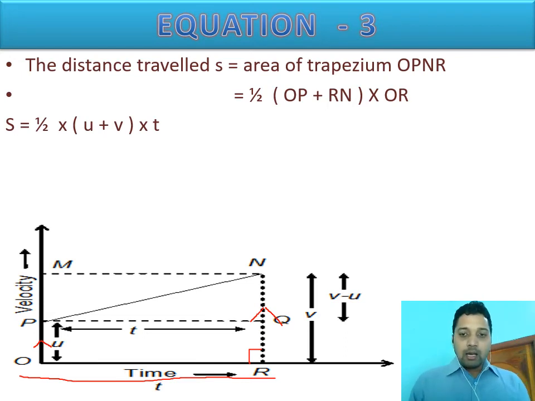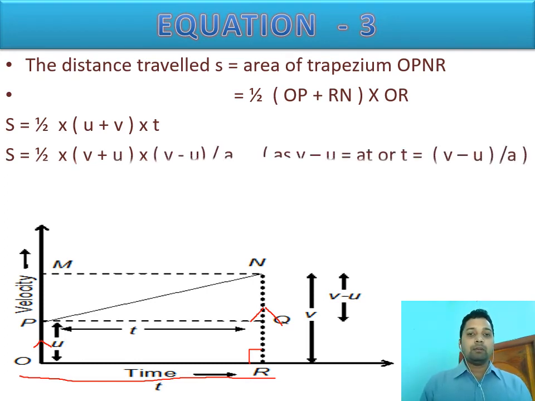And NR, N means the M and N point, so M value is V and R point straight to O means V minus 0. So U minus 0 plus V minus 0 into T minus 0, that means U plus V into T.